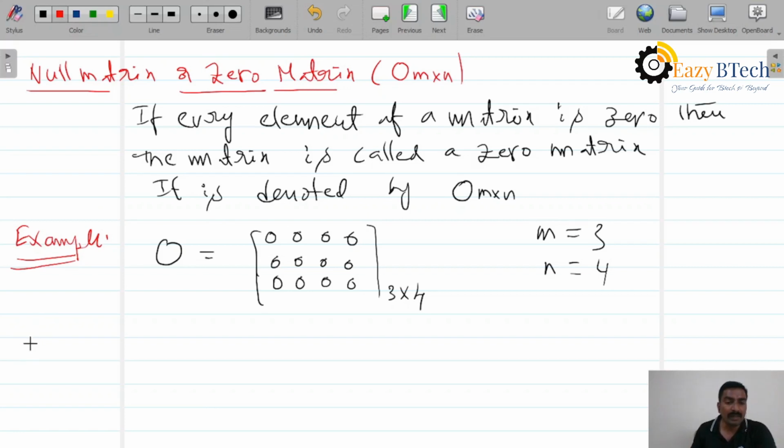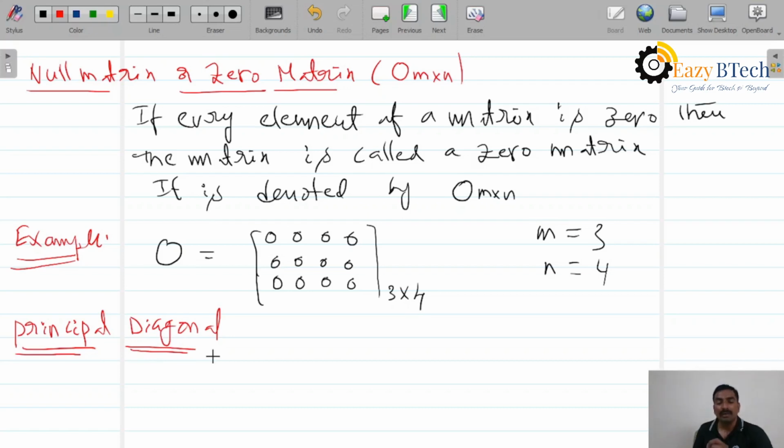Now come to the principal diagonal. This is a very important concept. What is the principal diagonal? Before discussing the definition, first keep one point in mind: the principal diagonal exists only for a square matrix. If you take a rectangular matrix, we can't discuss the principal diagonal.